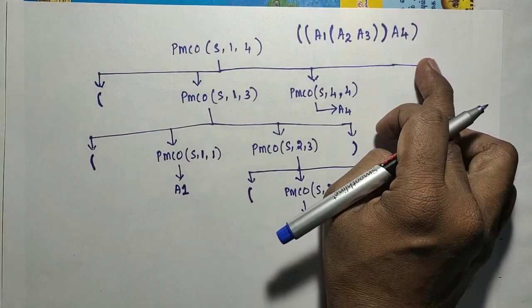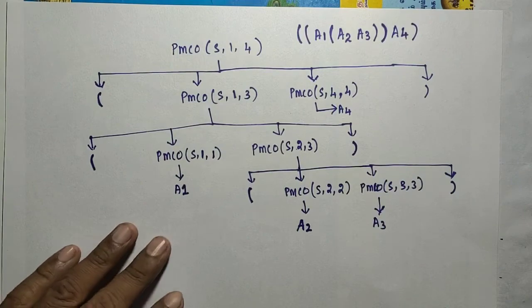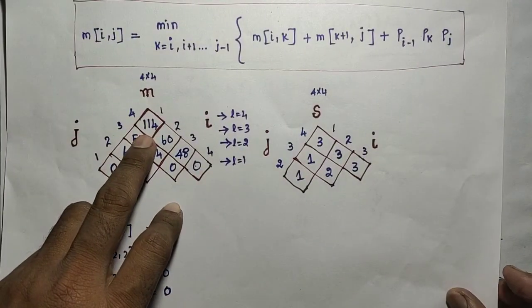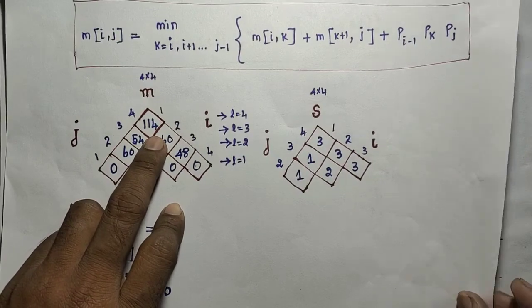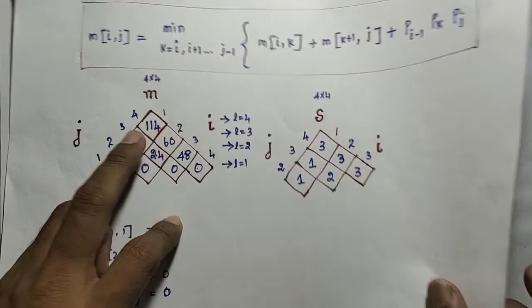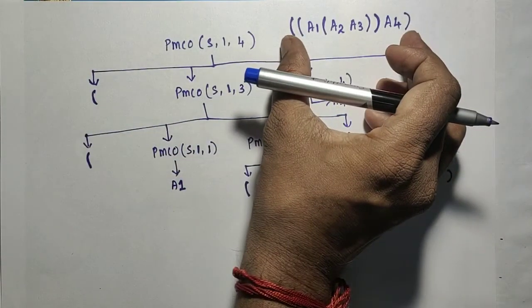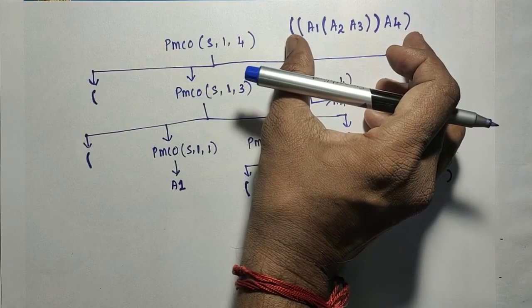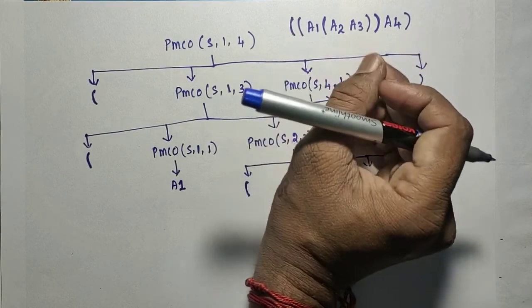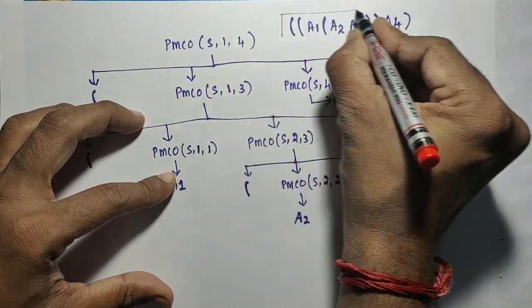Okay, if you follow this order, you will get the minimum multiplication, 114. The split positions are recorded in the s table. By using that table, we are printing that sequence. So this is the optimal parenthesized expression for the matrix multiplication for our input. Okay, so this will be printed on the screen when we call.